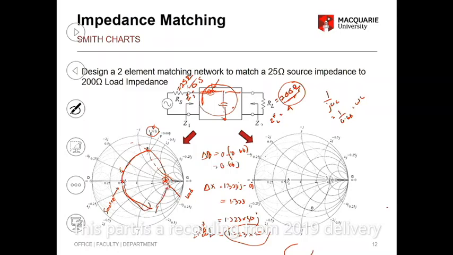So here, if I follow this path, this means a series cap, and this means shunt inductor. So I could actually have a circuit with a series cap and shunt inductor as well. So there will be a solution for that.